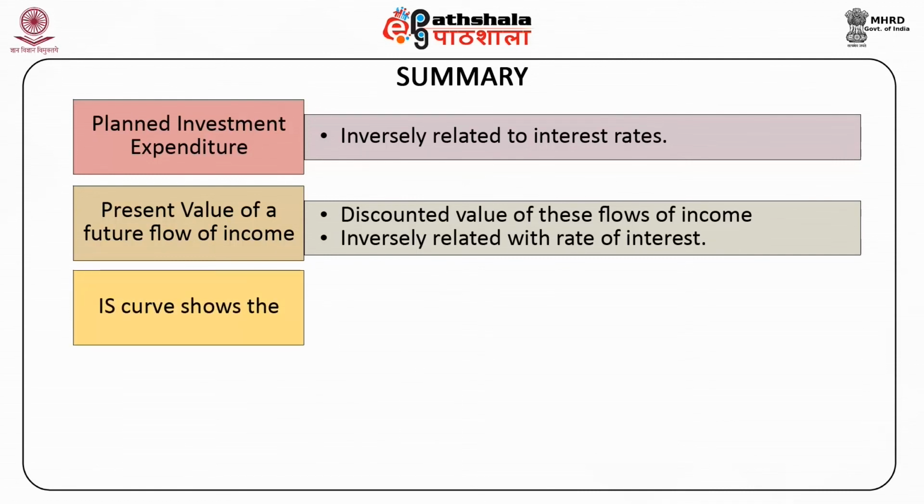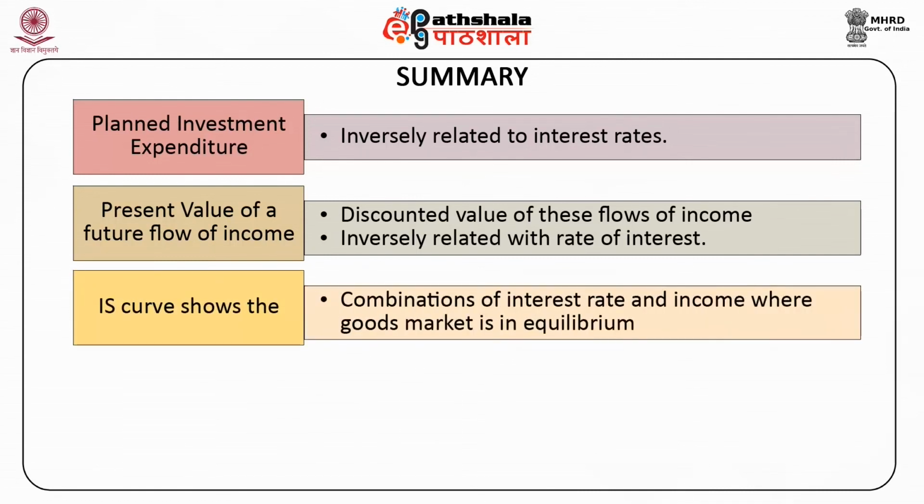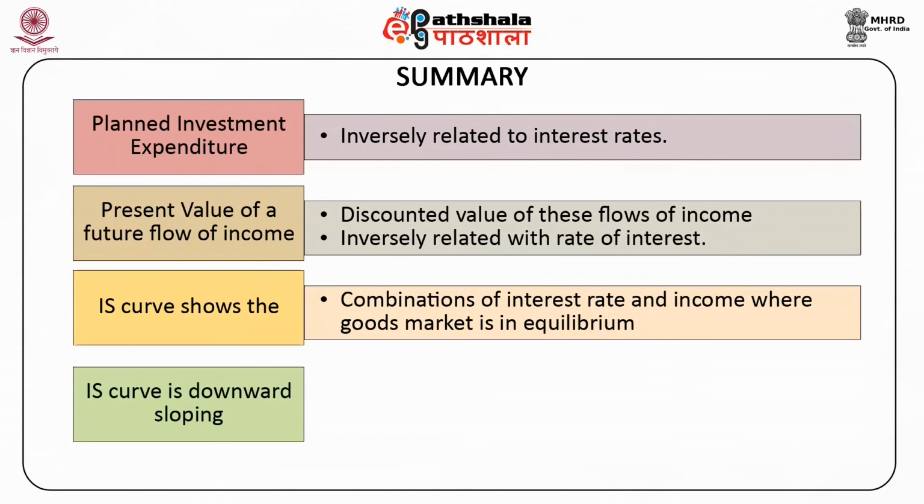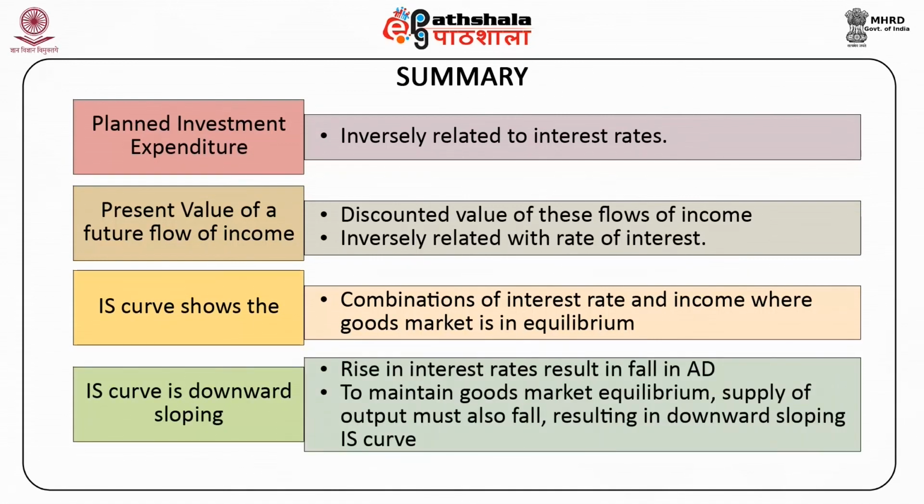The IS curve shows the combinations of interest rate and income where the goods market is in equilibrium. The IS curve is downward sloping as a rise in interest rates results in a fall in aggregate demand. To maintain goods market equilibrium, supply of output must also fall, resulting in a downward sloping IS curve.